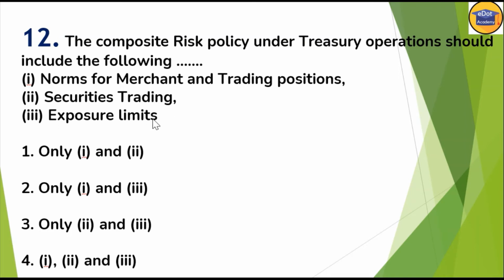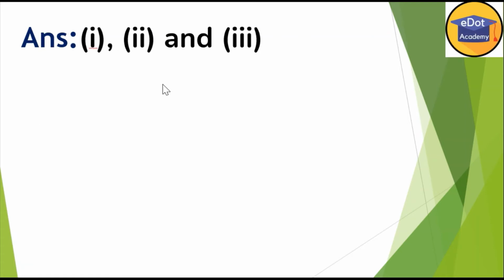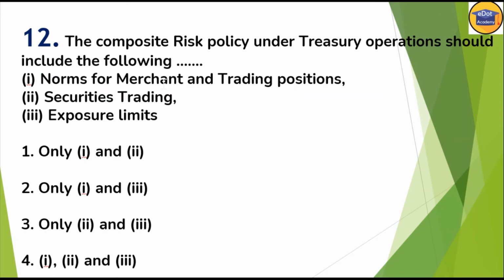So that means all three options are correct here regarding the treasury policy. Option 1, 2, 3 means norms for merchant and trading positions, securities trading and exposure limits. All are correct regarding the composite risk policy of treasury operations.